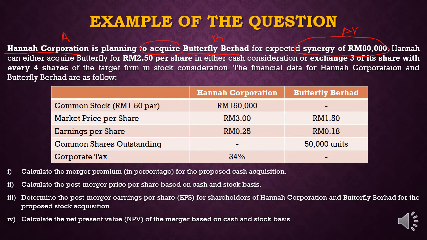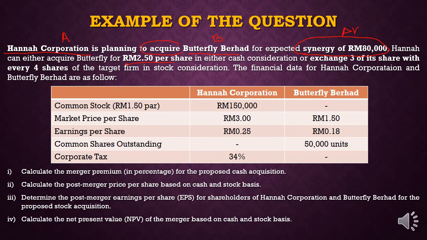And then Hana can acquire Butterfly for 2 ringgit and 50 cents per share, in either cash consideration or exchange 3 of each share with every 4 shares of the target firm in stock consideration.